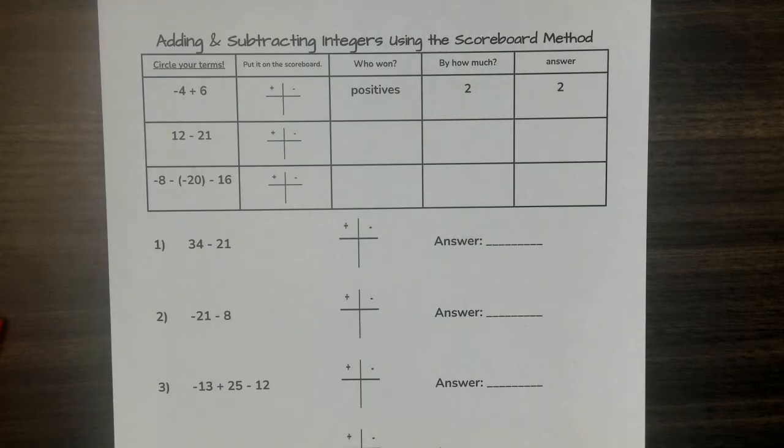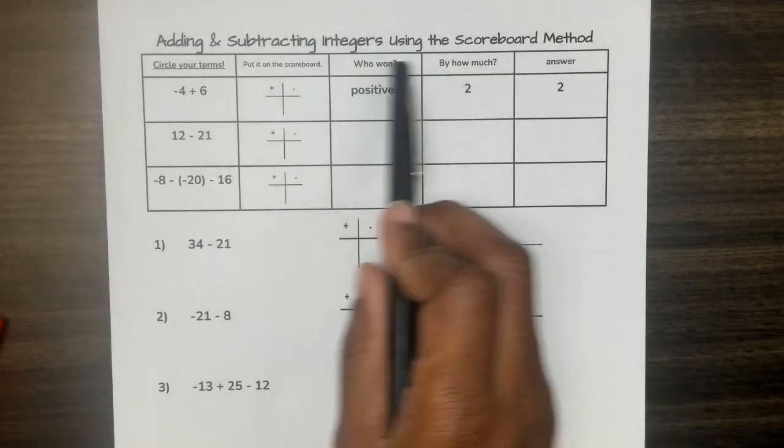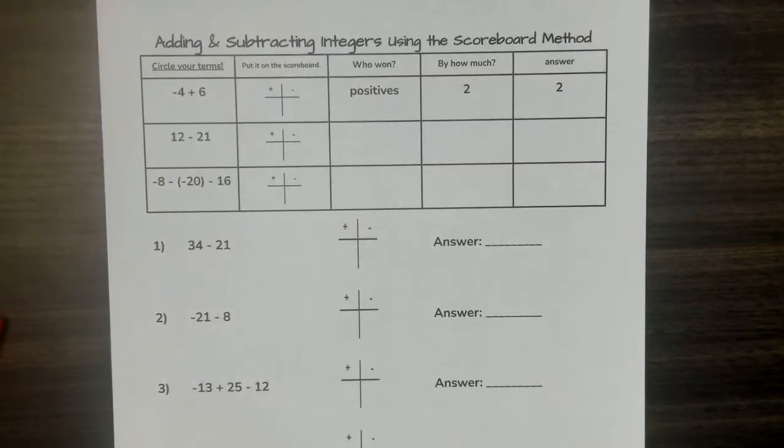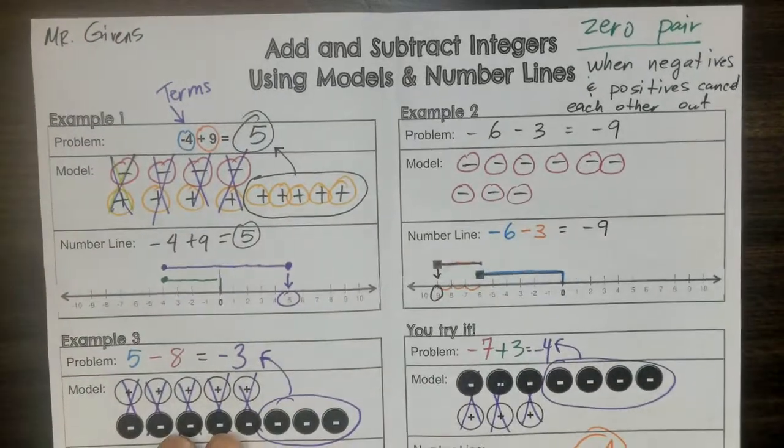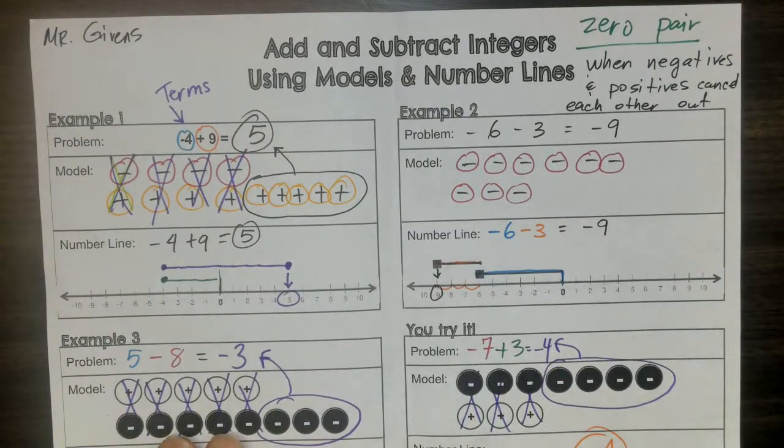Today we are learning how to add and subtract integers using the scoreboard method. The scoreboard method is just another tool, another strategy to use when we are adding and subtracting integers. In our previous video, I showed you how to add and subtract integers using models and number lines.